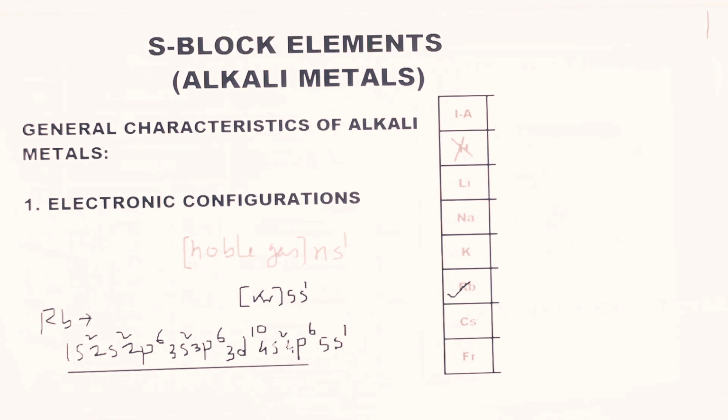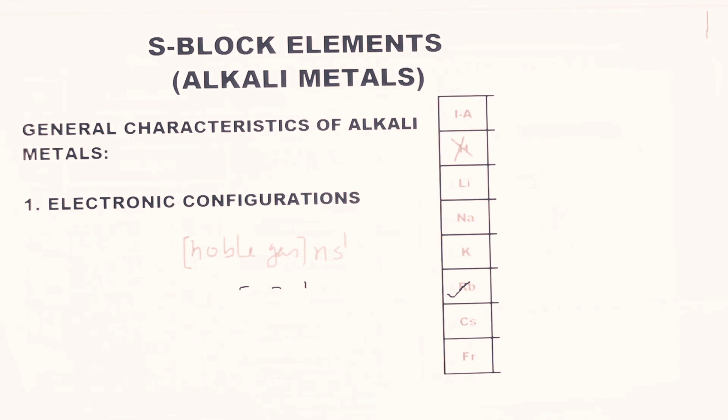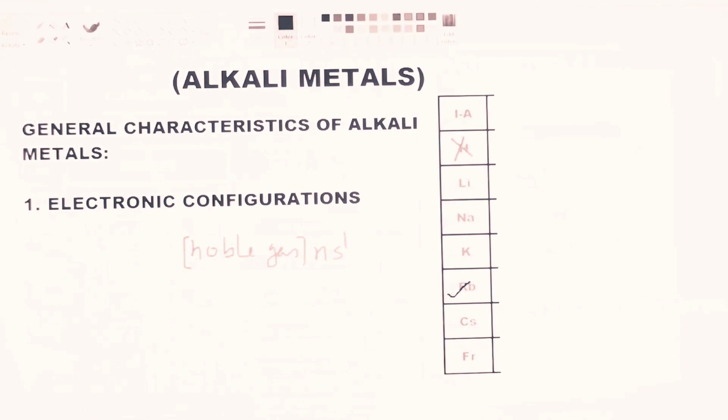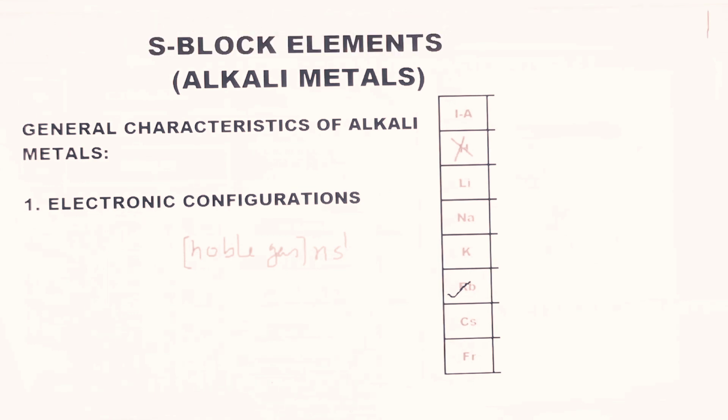Next is cesium. The atomic number of cesium is 55.